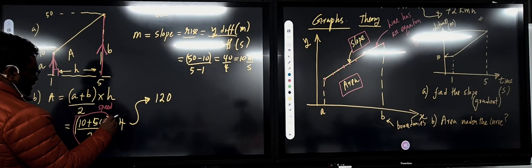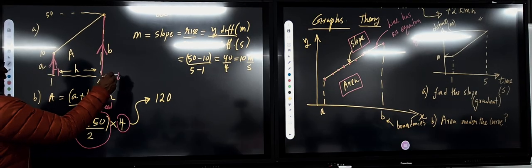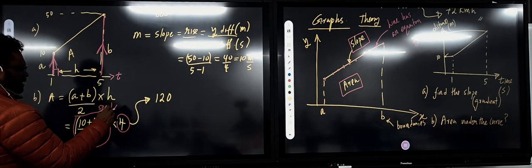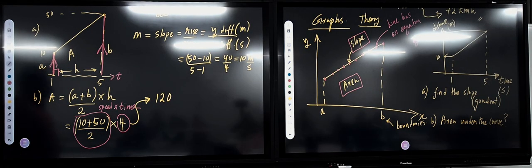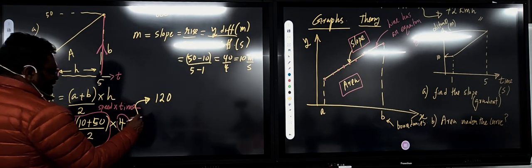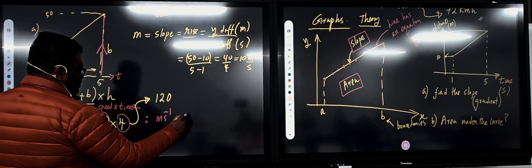What is 4 here? 4 is on the horizontal axis. Horizontal axis is time. So speed multiplied by time. Speed is given to you in ms minus 1. Time is given to you in s.